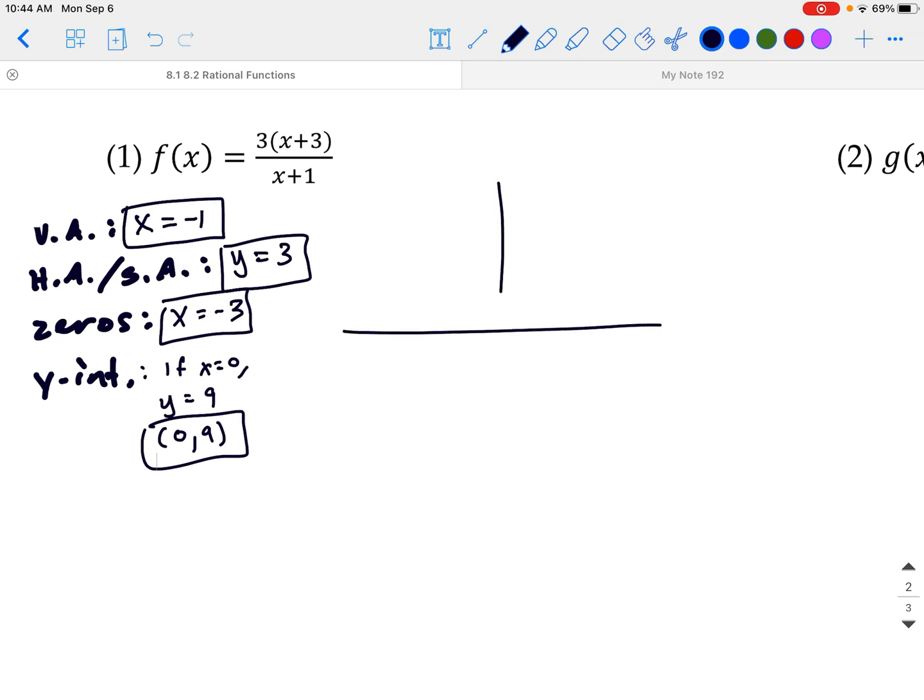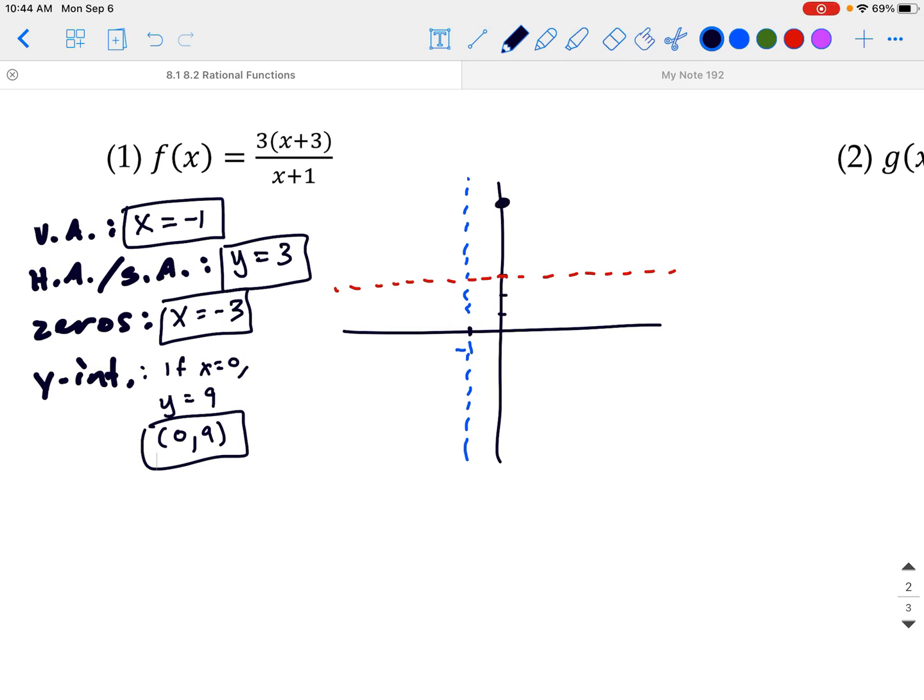And so let's see what our graph is going to look like. So we'll note at x equals -1, we'll use blue here, we've got our vertical asymptote. At y equals 3, we're going to have our horizontal asymptote. So we can see that there are these 4 regions that are created with this graph. And then we're just going to plot those known points.